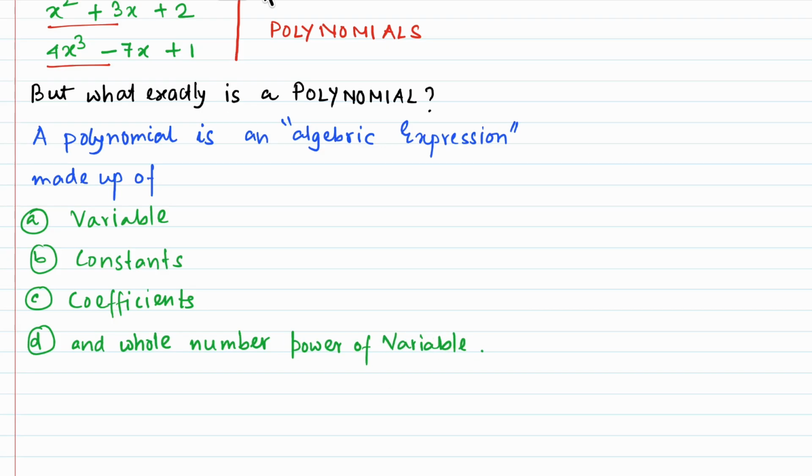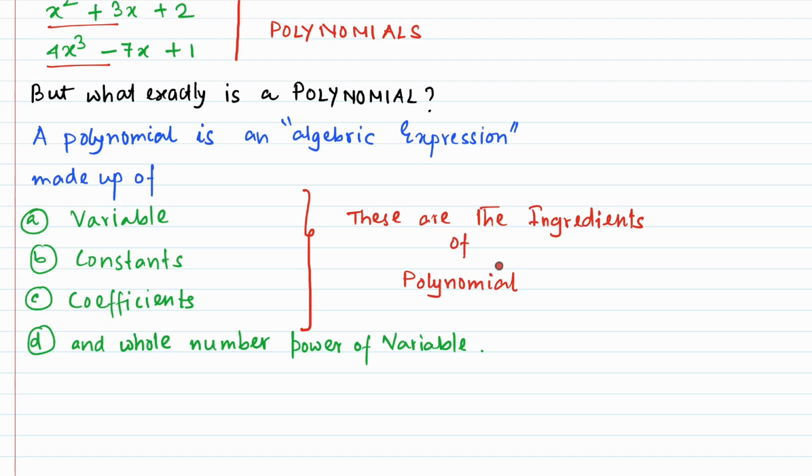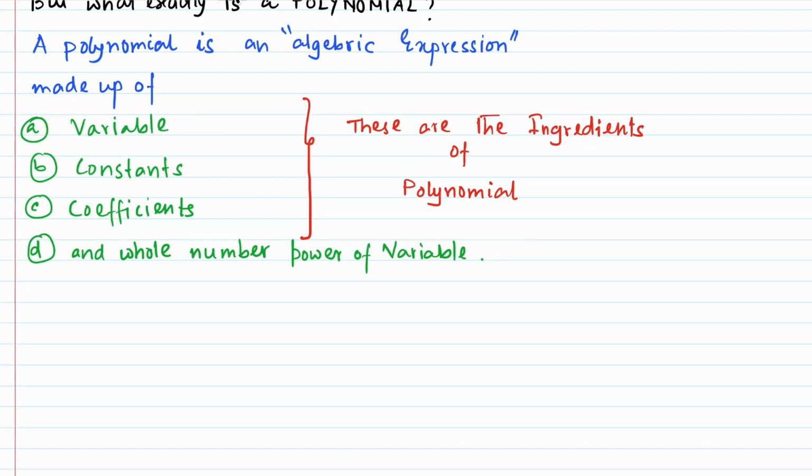So these are the 4 ingredients which constitute a polynomial: the variable, constants, coefficients, and whole number power of the variable. We will always keep this in mind when identifying a polynomial.